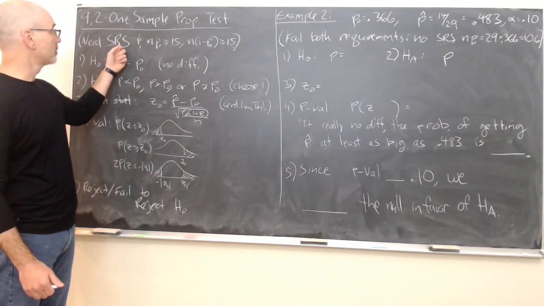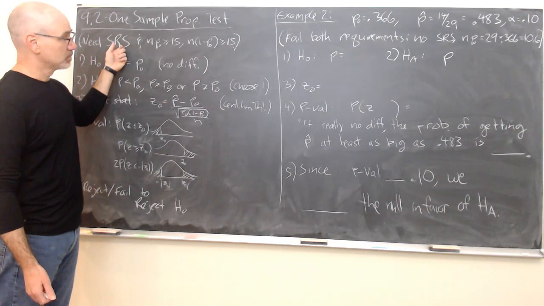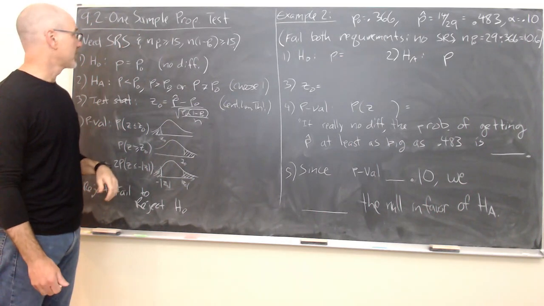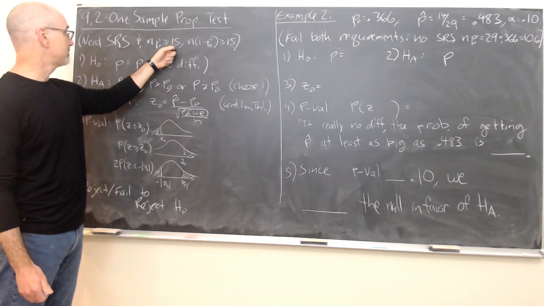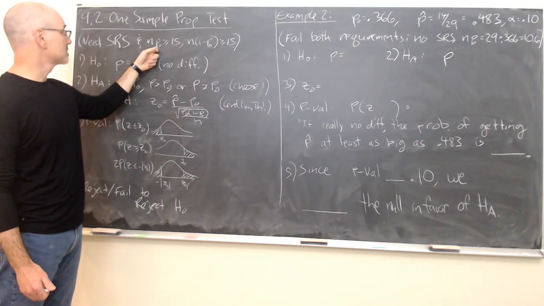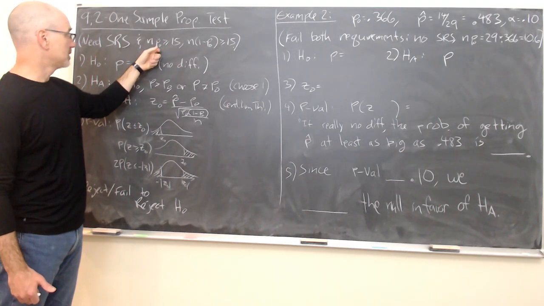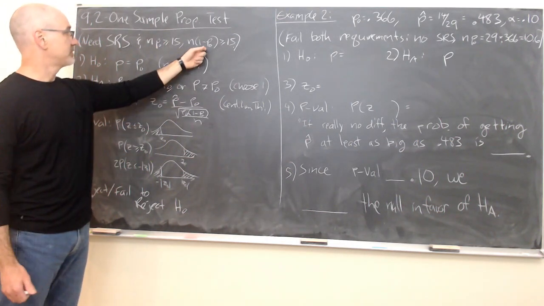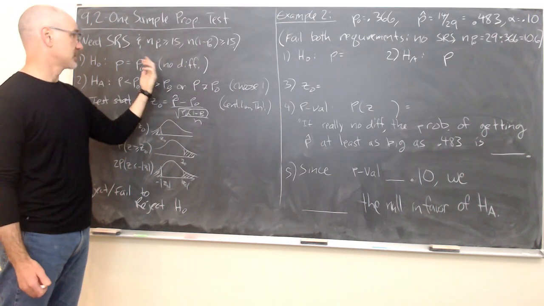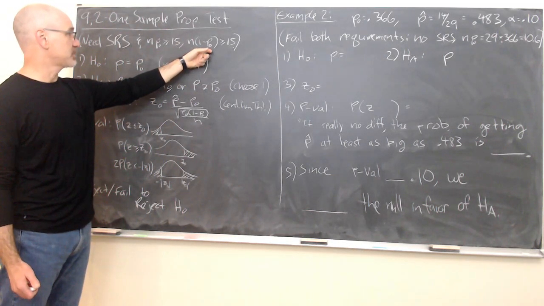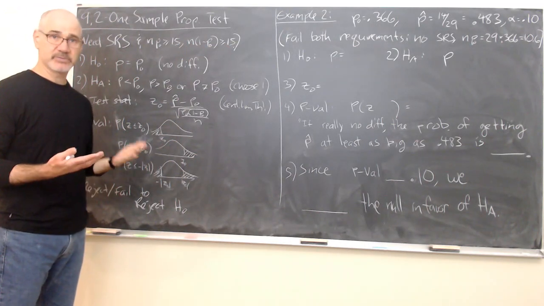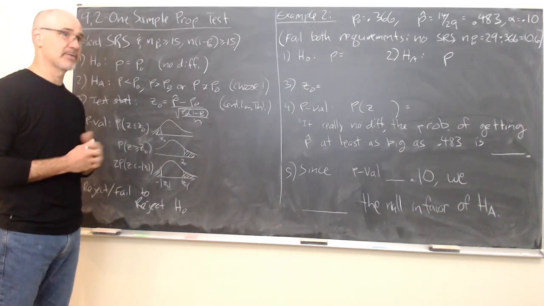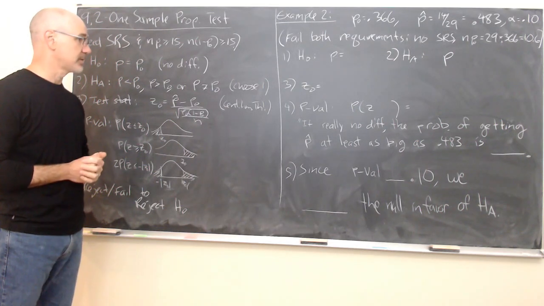So we need a simple random sample, so we're choosing members of the sample at random, and we have to have a large enough n that we expect at least 15 what we would call successes based on the probability of P naught, and 15 what we would call failures. So if the thing doesn't happen, that has probability 1 minus P naught, so n times that has to be at least 15. So we need to expect to have at least 15 successes and failures in our sample.